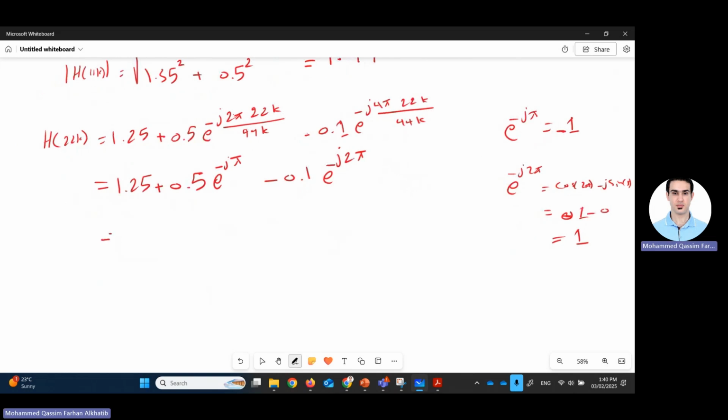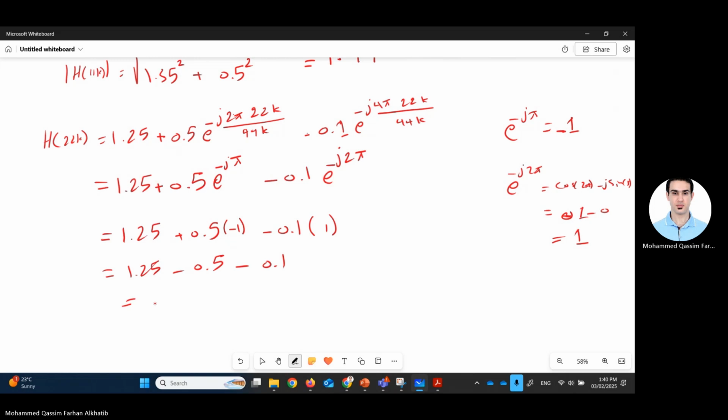So I will get 1.25 plus 0.5 times negative 1, minus 0.1 times 1. That's 1.25 minus 0.5 minus 0.1, so it's going to be 0.65, I believe.